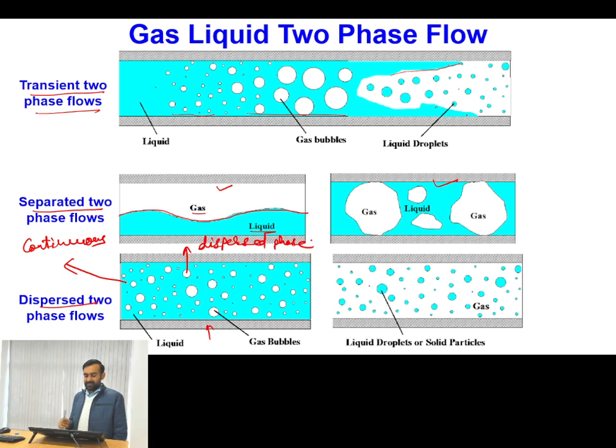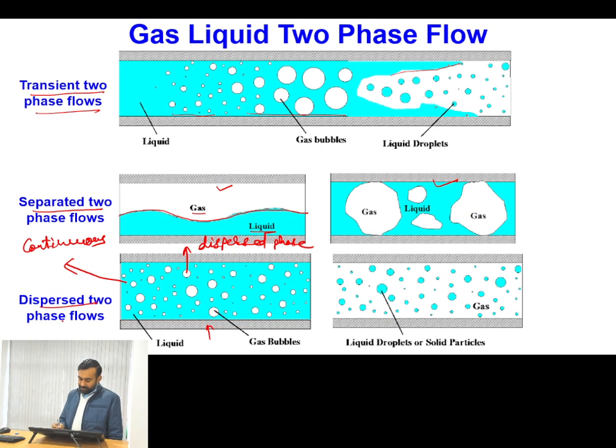So in this first example, gas bubbles are dispersed within the liquid. My gas bubbles are the dispersed phase, and the surrounding liquid is the continuous phase. This is a typical example of dispersed two-phase flow.